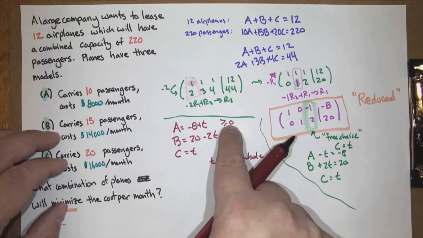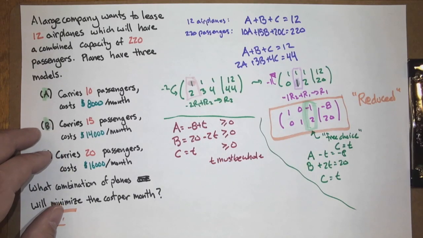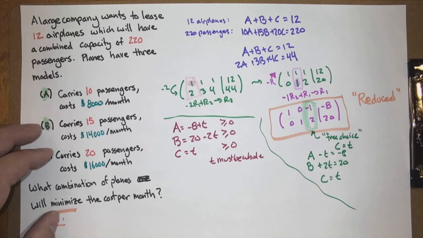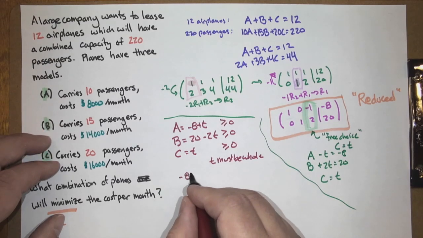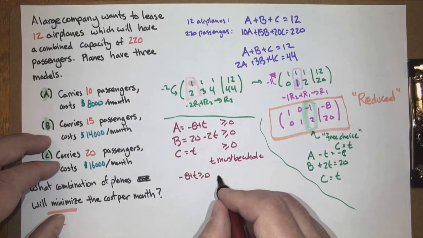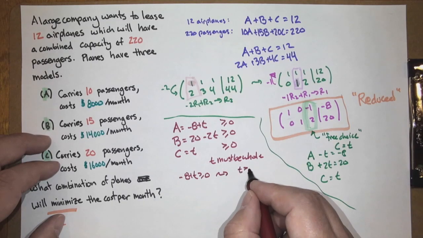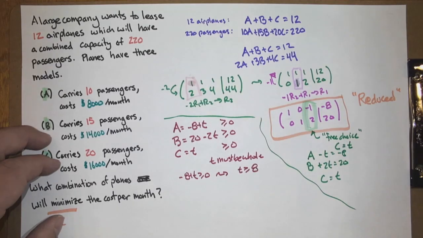If negative 8 plus t is greater than or equal to 0, what does that tell us about our value for t? T must be greater than or equal to 8.